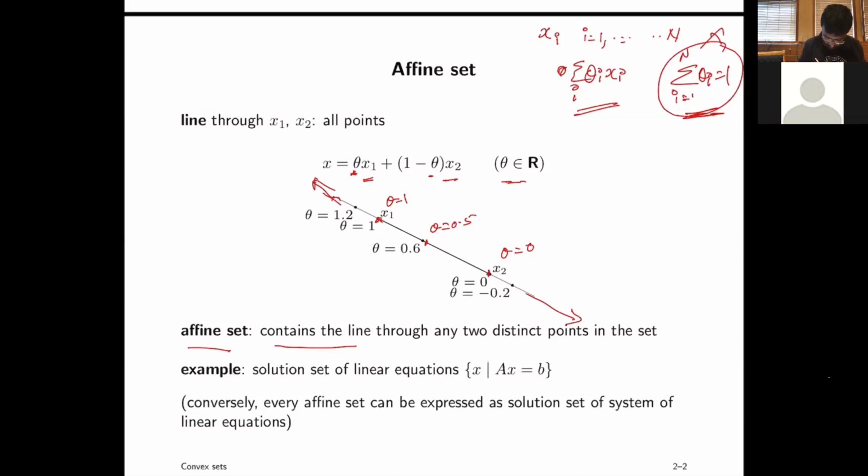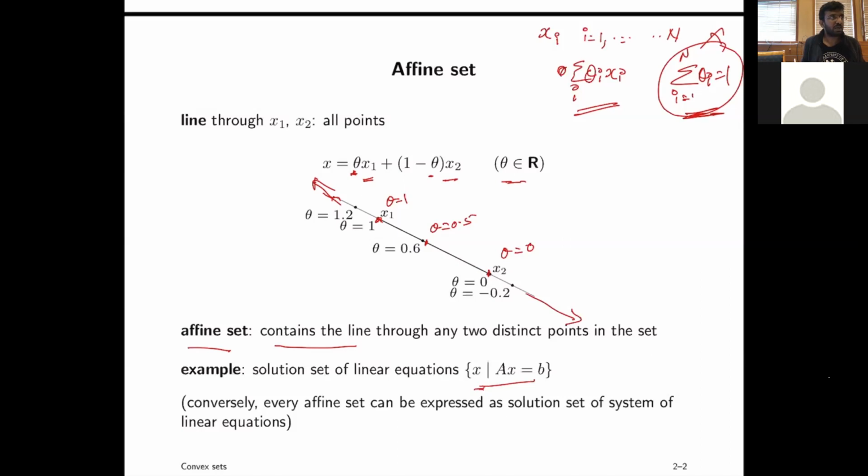Now one example is the solution set of Ax equal to B, right? But affine set is mainly for constraint, right? So should it be the constraint set of a linear equation? No, now we are studying some specific kind of set.